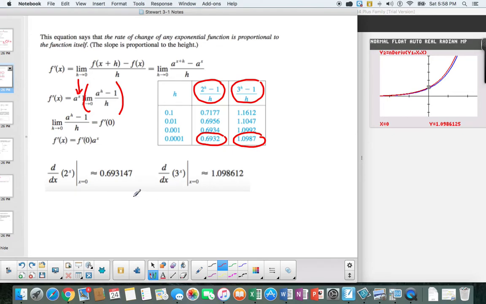This begs the question: is there some base, I don't know what it is, in which the derivative is equal to 1? Here's a derivative that's less than 1, here's a derivative that's greater than 1. Is there a base between 2 and 3 that will yield 1?